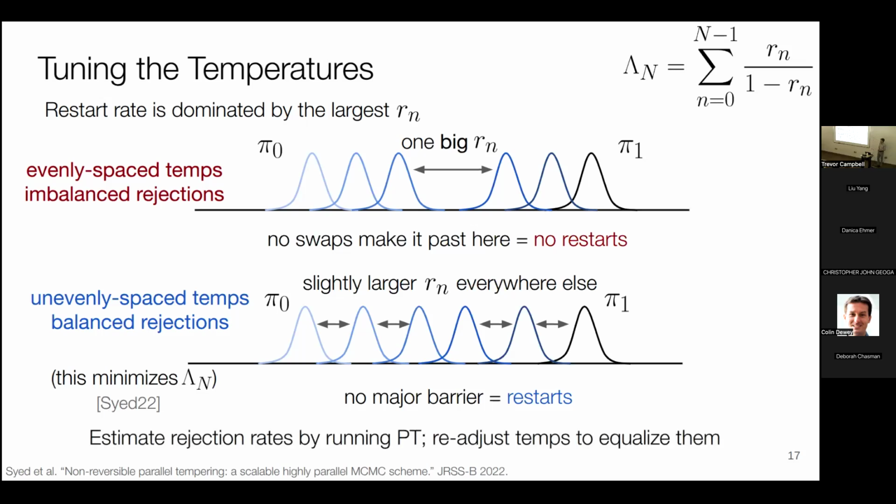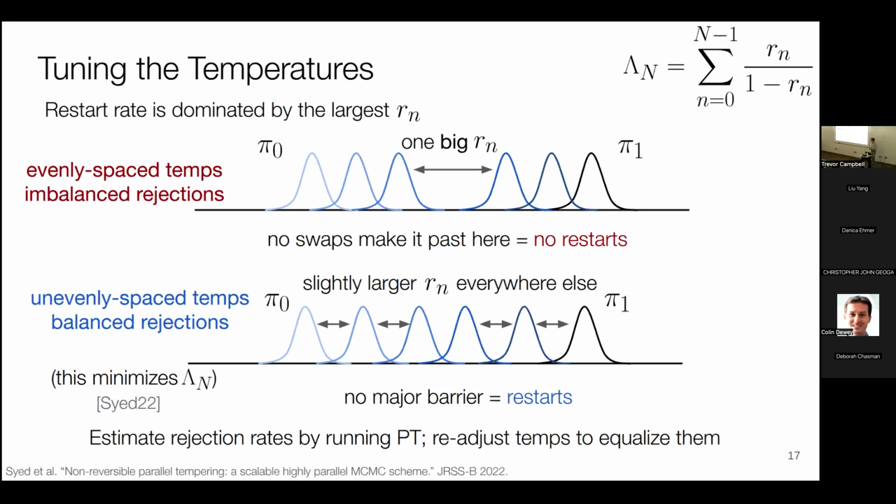And the way we do that, succinctly, is we just try some temperatures. We start with evenly spaced temperatures. We run parallel tempering. We collect those rejection probabilities. One of them will probably be terrible. That's okay. But we readjust the temperatures after that to place them where we think the rejection rates will be equal. If you keep doing that and you take more and more samples, we find in practice that very quickly this method stabilizes around a very good set of temperatures that do give you equi-rejection.